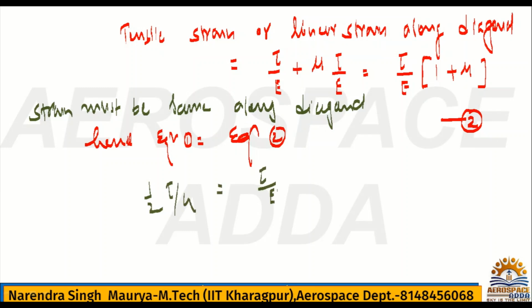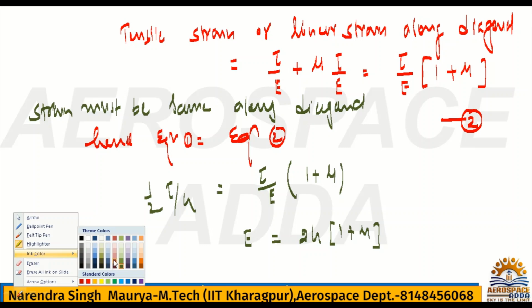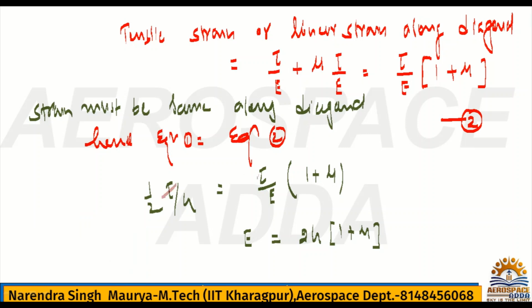Tau by E in bracket 1 plus mu. If you check, tau tau cancel out, what you will get? You get E is equal to 2 times G into 1 plus mu. See, because tau tau will be cancelled out here. So ultimately you will get this. Now this is the relation between the Young modulus E and G.